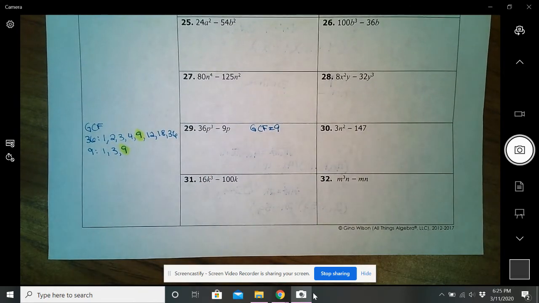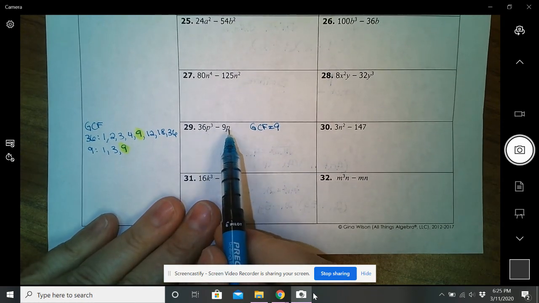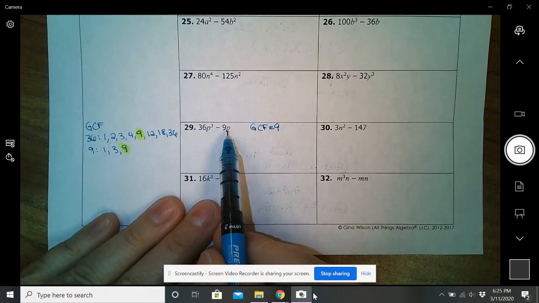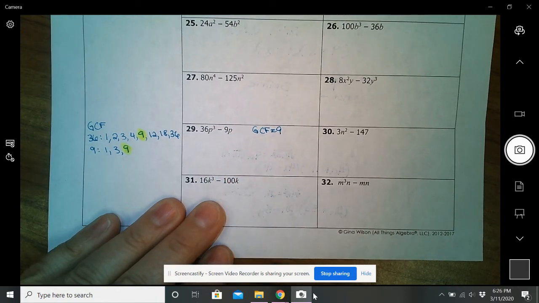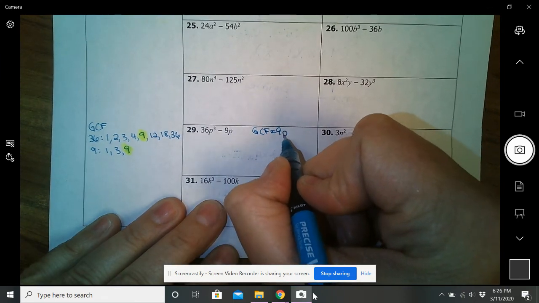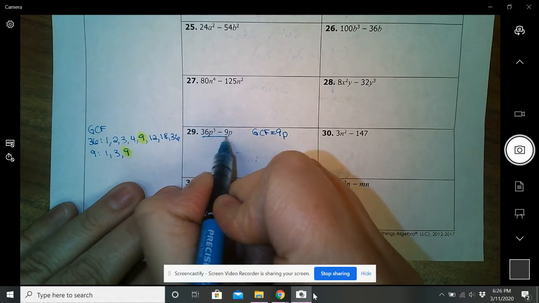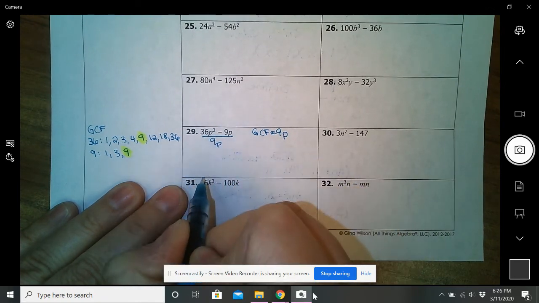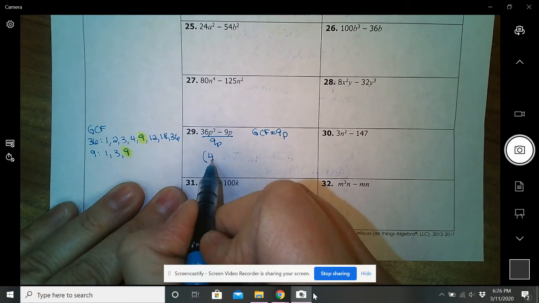Now, put your attention towards the variables. There are 3 p's in the first term, only 1 p in the second term. I'm trying to teach you, in order to find the variable GCF, take the variable with the smaller exponent. So here it would just be 1p. So divide by that GCF, and let's see what's left. 36 divided by 9 is 4.